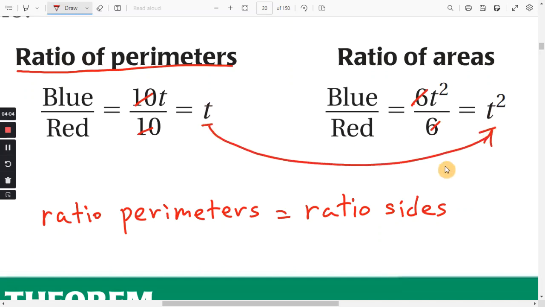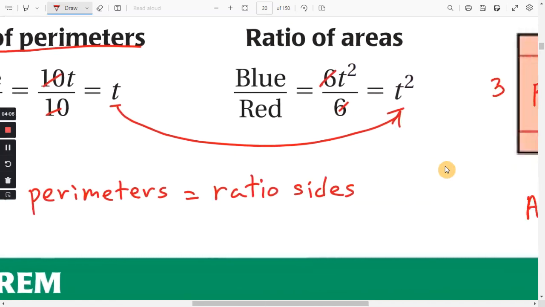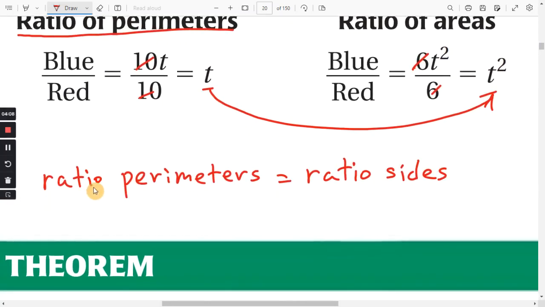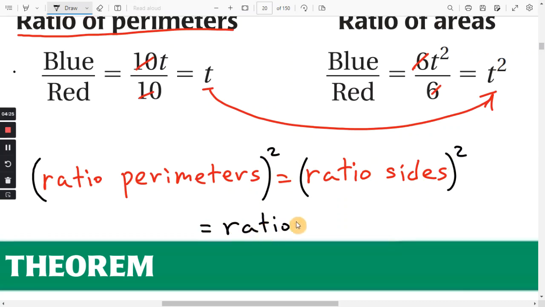Okay, so basically, if you take either of these, the ratio of the perimeters or the ratio of the sides, and you square it, either one, that is going to equal the ratio of the area, or should I say areas, plural.